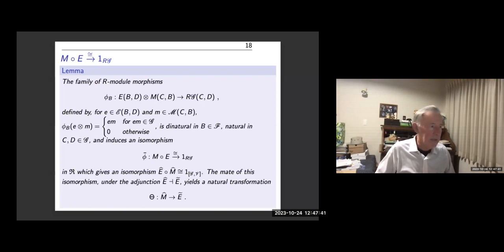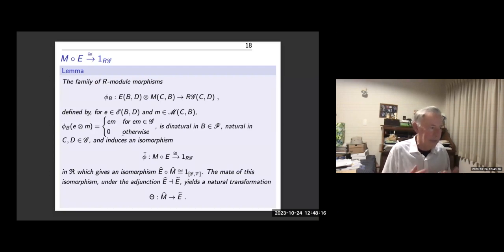Remember, the things in E(B, D) are linear combinations of E morphisms, and these things in M(C, B) are linear combinations of M morphisms. So you've just got to take something in E(B, D), an E from B to D, and an M from C to B, and it's basically the composite. You just compose, but you've got to end up with an invertible thing, or so you have to take it to be 0.